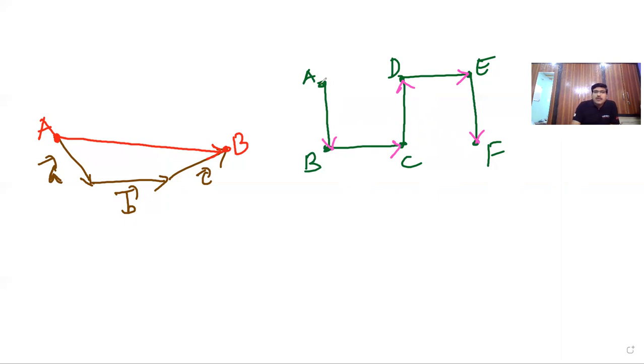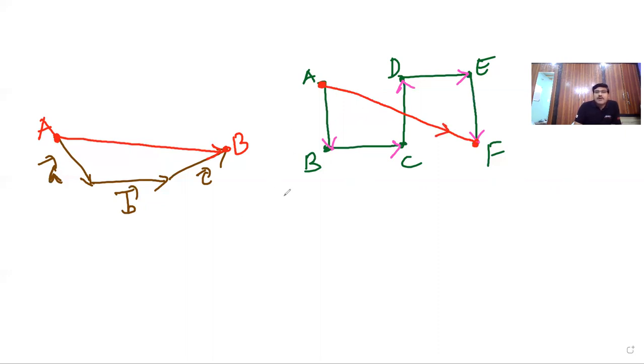Now tail to head, tail to head, tail to head, tail to head, tail to head. Okay, the final sum is what? From the initial point to the final point, joining. This is the sum. Direction is A to F.